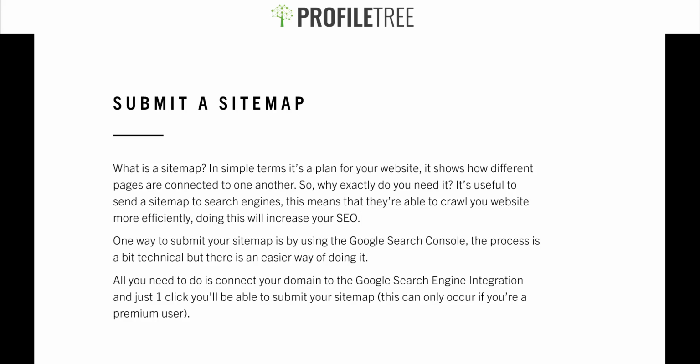Now, the catch is that this can only occur if you're a premium user. So if you are watching this video and you're looking to get SEO in for free, there are a lot of key factors with Wix, mainly because SEO will only work if you have a premium plan. You'll see this within the checklist, and as we go through the entire PowerPoint, you'll see why that is.